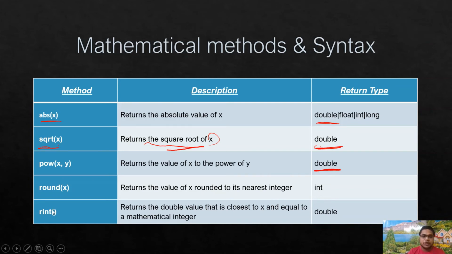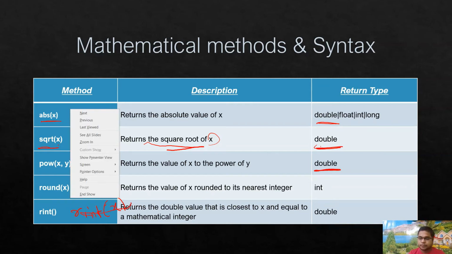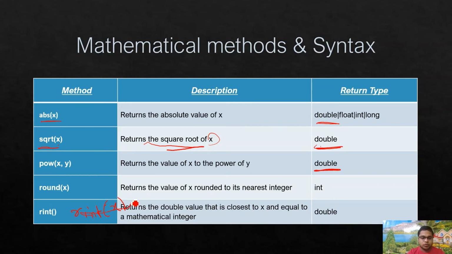It means inside rint you have to take a single argument, that is rint of x, like this. So let's check the rint method here. Go to my BlueJ.